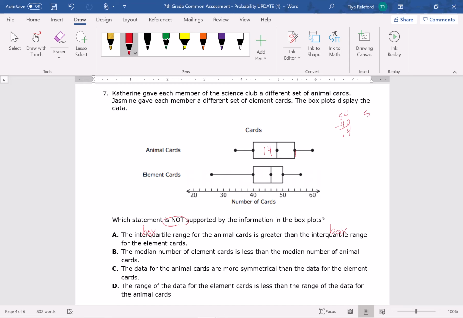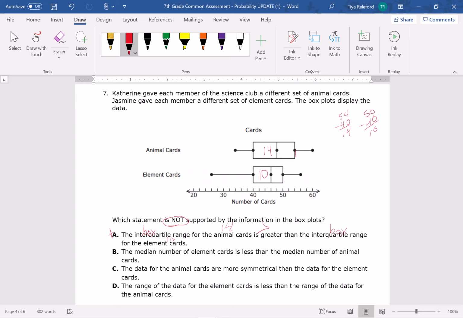And we said 50 minus 40 is 10. So the interquartile range for animal cards, 14, is greater than the interquartile range for element cards, 10. Is 14 greater than 10? Yes, that means it is true, which means it is not your answer.